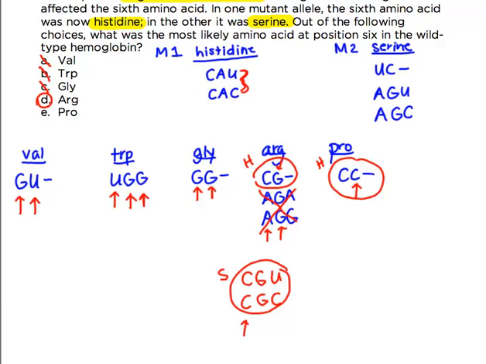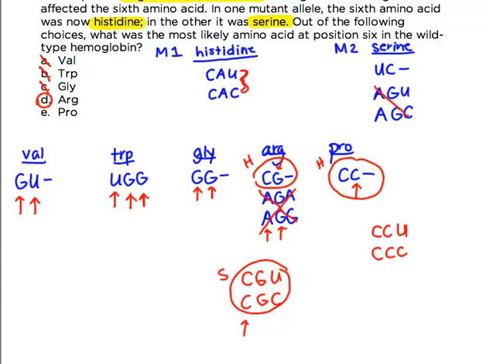Now for proline, let's look for serine. Again, in order to convert from proline to histidine with one base substitution, the proline codon would either have to be CCU or CCC. Now when you're looking for serine, the AGU and the AGC codons would have to be mutated twice, right? 2 bases would have to be substituted in order to get the CCU or CCC.